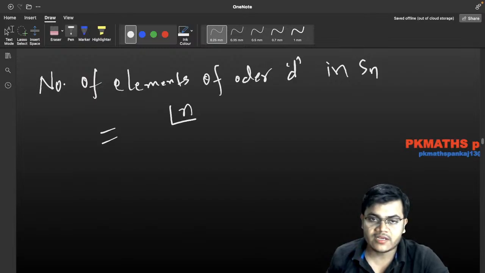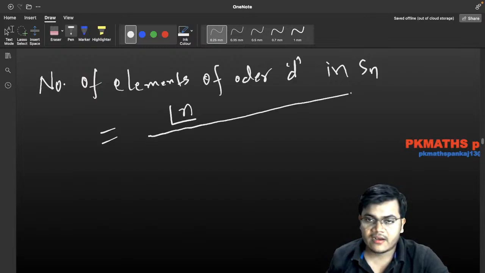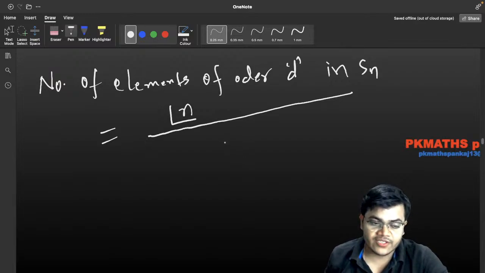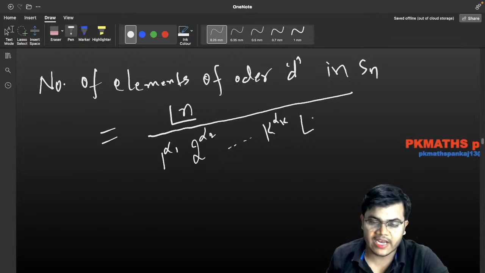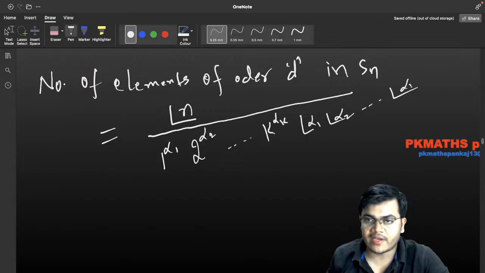The formula is factorial n. I am going to use some notation, and thereafter we will discuss what the notation says: 1 to the power alpha 1, 2 to the power alpha 2, and so on up to k to the power alpha k, and thereafter factorial alpha 1, factorial alpha 2, and so on up to factorial alpha k.